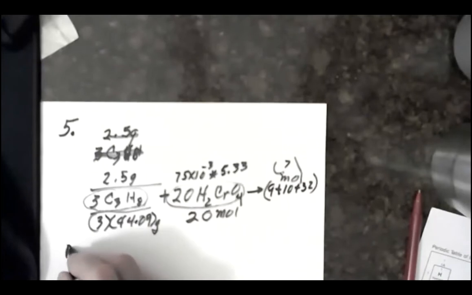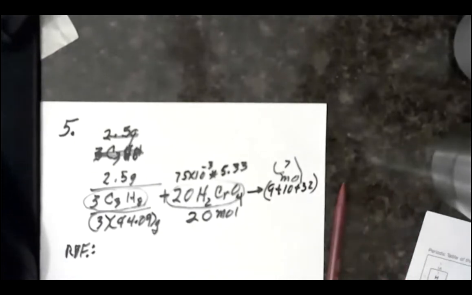So let's do the rebalancing factors. So I've got 2.5 divided by 3 and divided by 44.09. Okay.